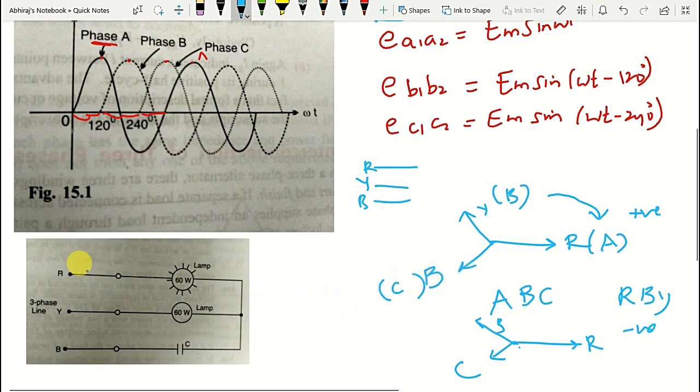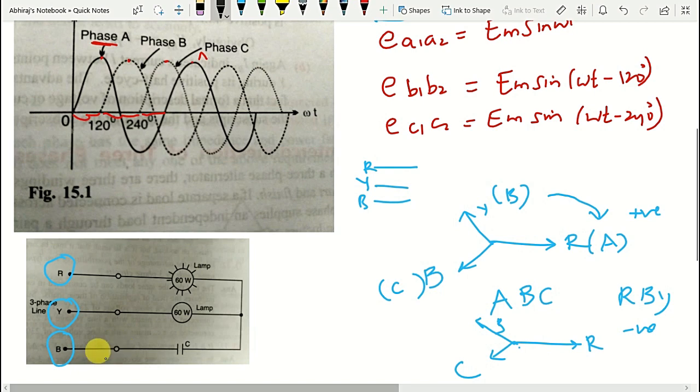Let me say I have a three-phase line R, Y and B. When you initially give the supply to a three-phase motor and you do not know the phase sequence in which the connections have to be applied, how will you determine the phase sequence of the three-phase line without neutral connected? There is no neutral here, only three phases.